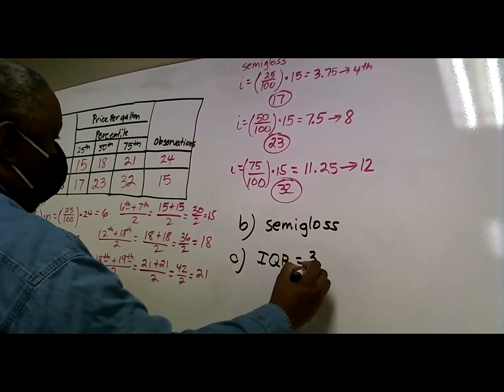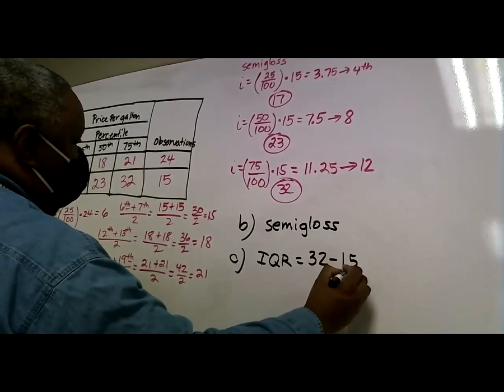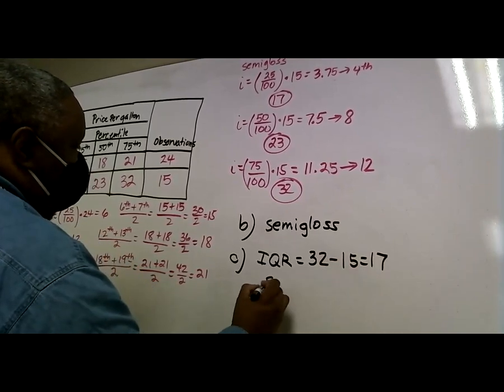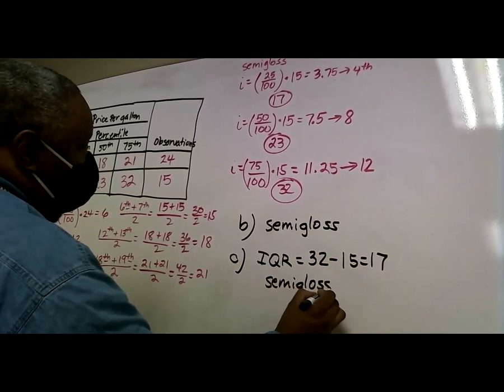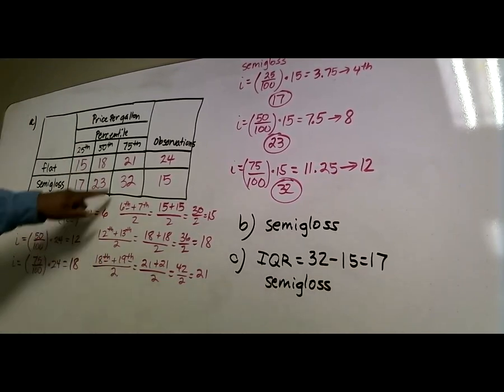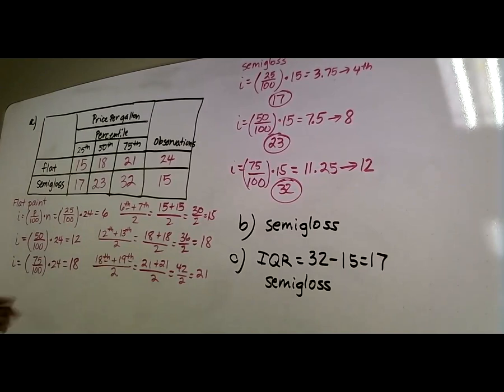So if you do 32 minus 15, that's 17. Now for flat paint, if you do 21 minus 15, that's only 6. So the type of paint that has the most variation would be semi-gloss. And that's just by looking at the IQR, or the interquartile range of those two.